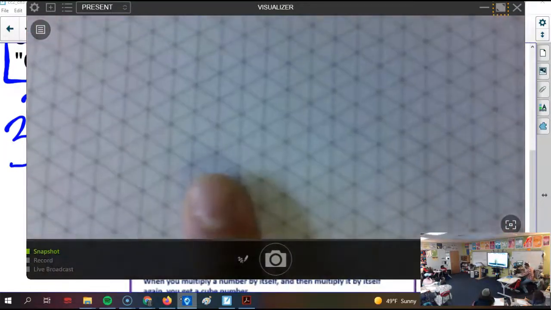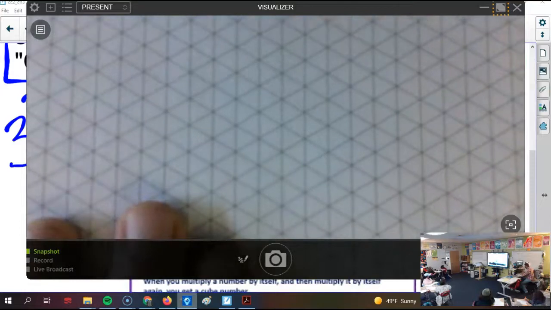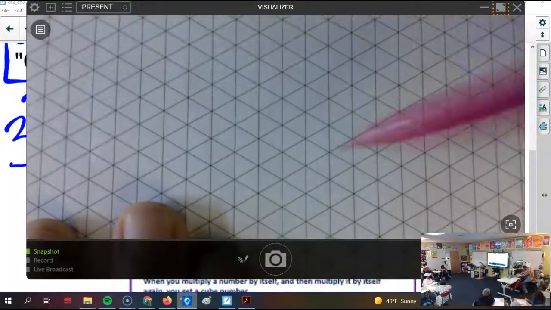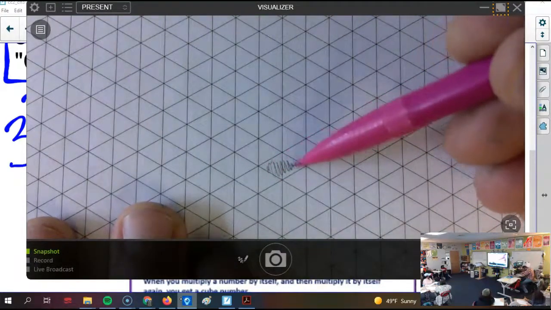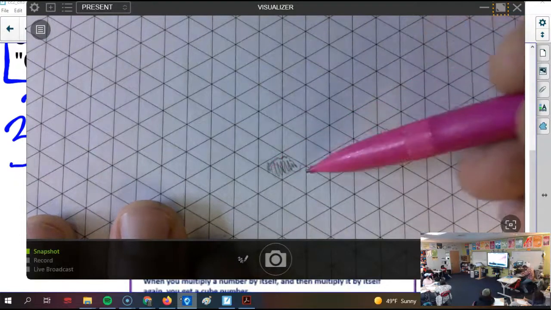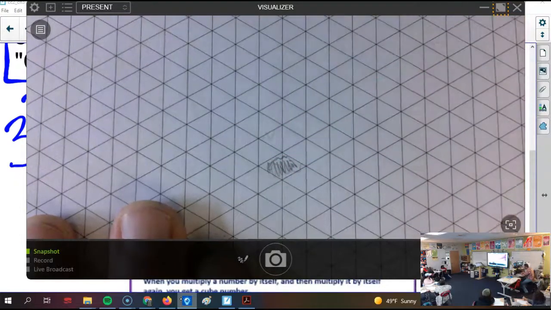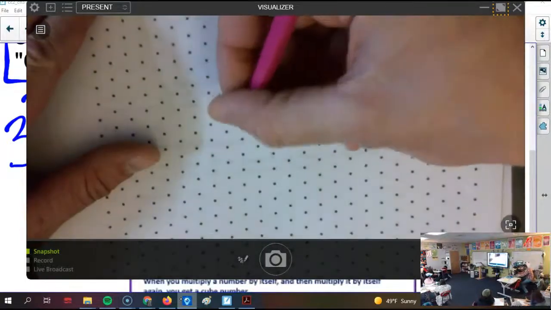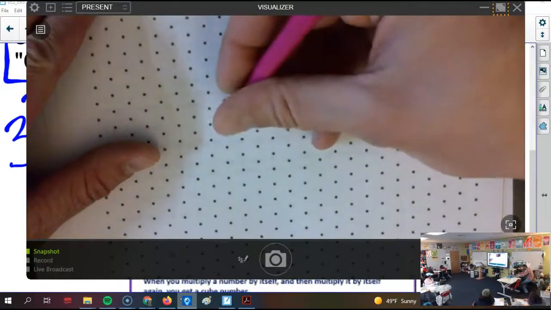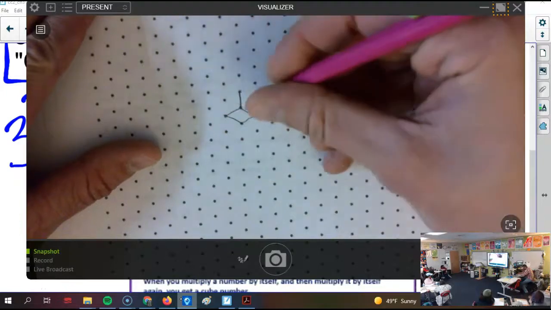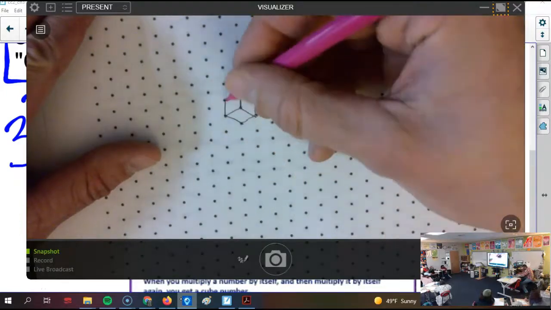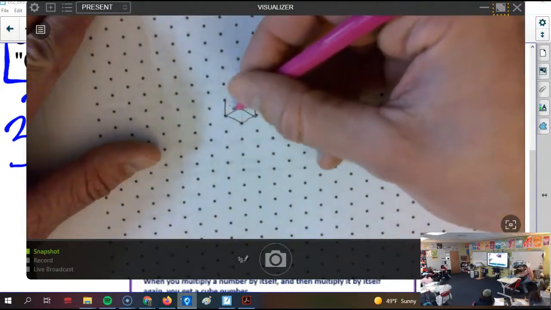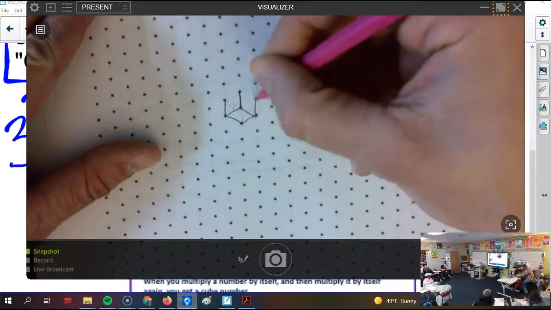See the cube? Here's the bottom of the cube, and then you can draw as big as you like. It's all about shading. Or isometric dot paper. Right, we can draw our own cubes. It gets a little tricky though.